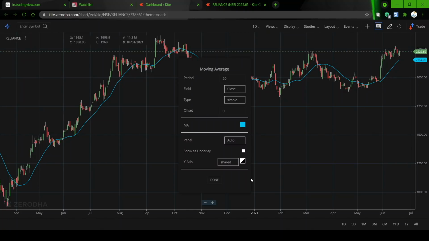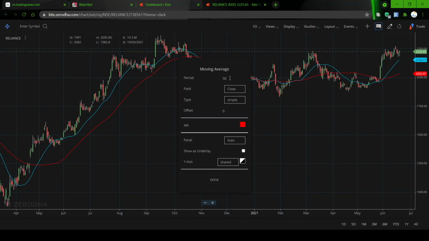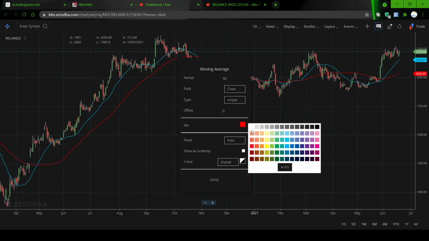This is a simple moving average, what we call an SMA. Then we will add another, the 50 moving average, which we will keep green.